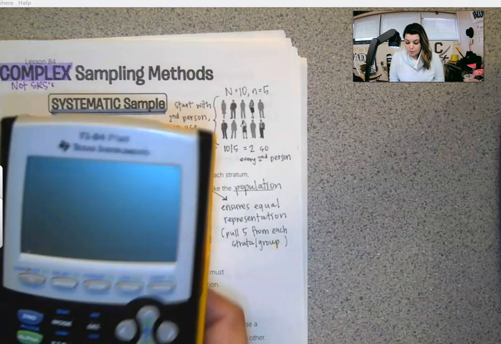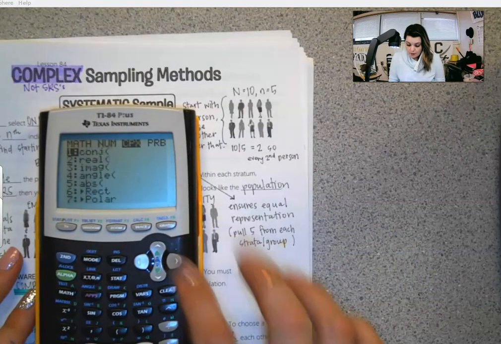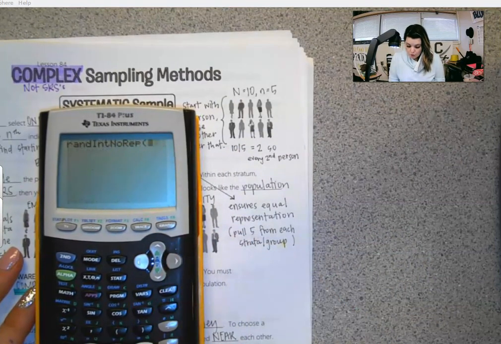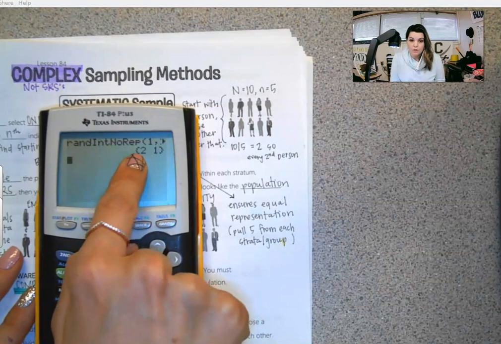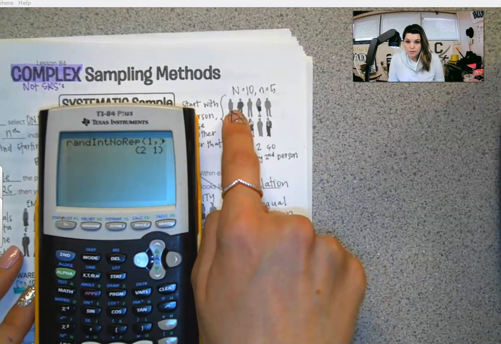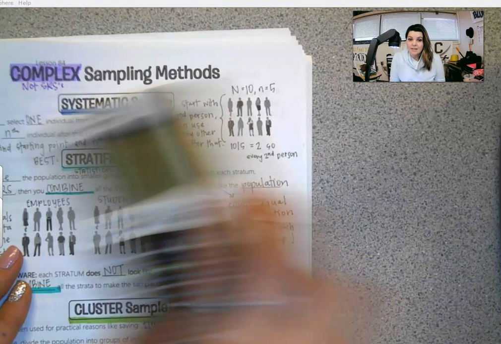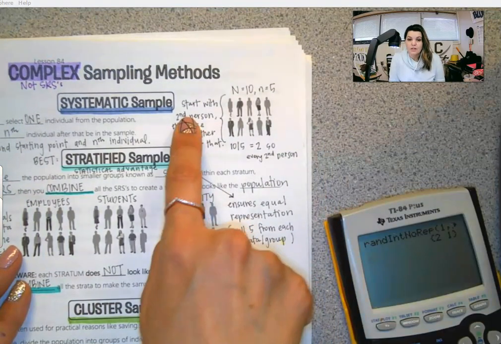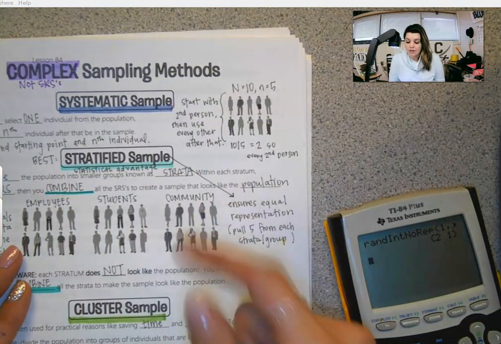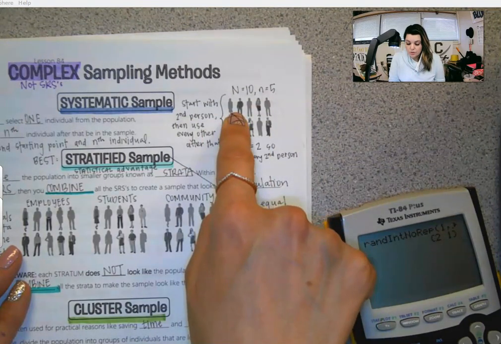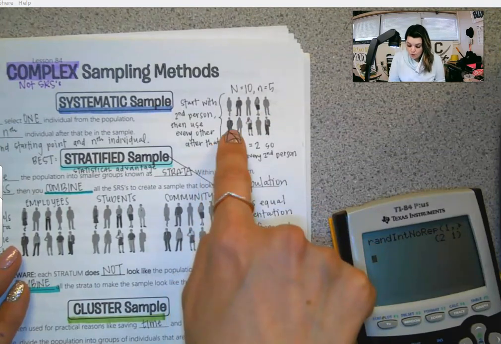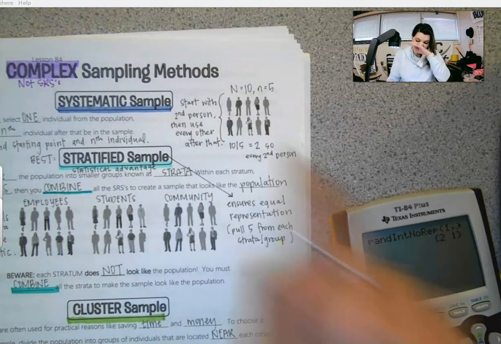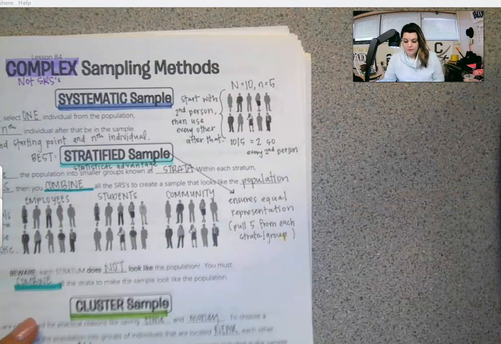I could quickly go math, probability, randInt(1,2), enter, and just like this example does, I'm starting with person 2. So person 2 is colored in, and then I take every second person after that, which just looks like every other. So I start with 2, 1, 2, she's colored in, 1, 2, he's colored in, 1, 2, she's colored in. So that's a systematic sample.